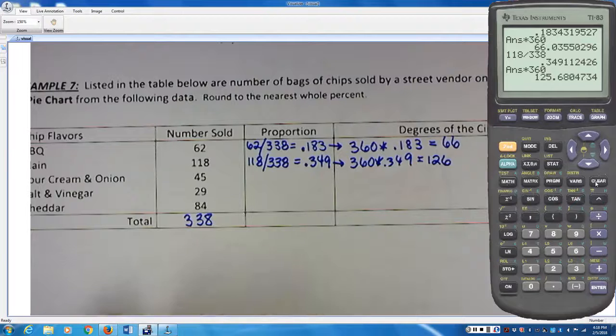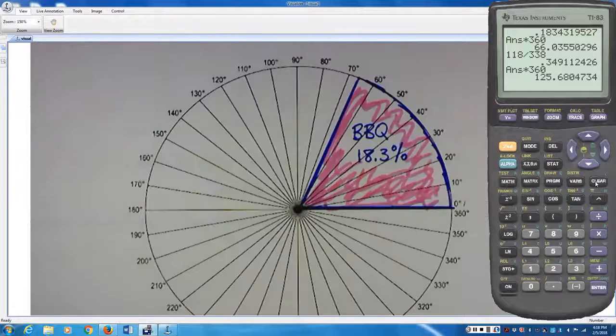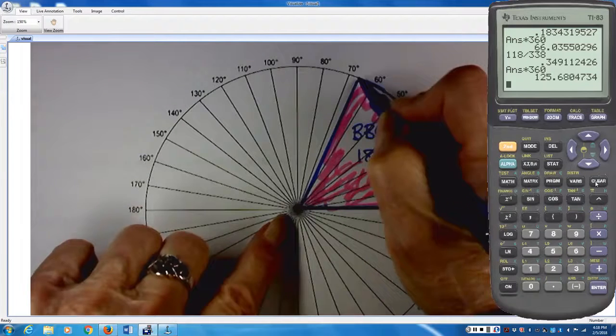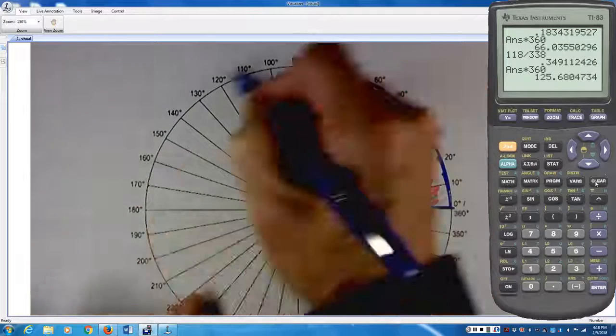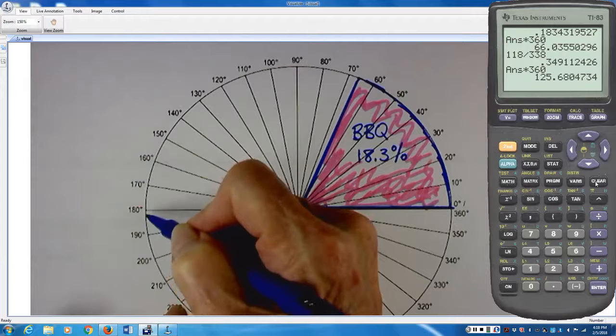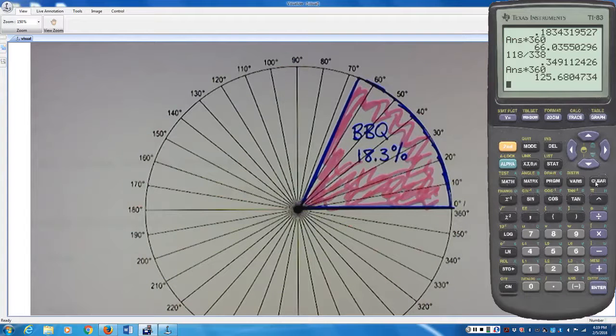So I need a segment that joins onto the one I just finished but goes another 126 degrees. So starting here, I need to go 126 degrees that way. And the only way that I can do that is to add that to the degrees I just had. I had 66 degrees plus an additional 126 puts me at the 192 degree mark.